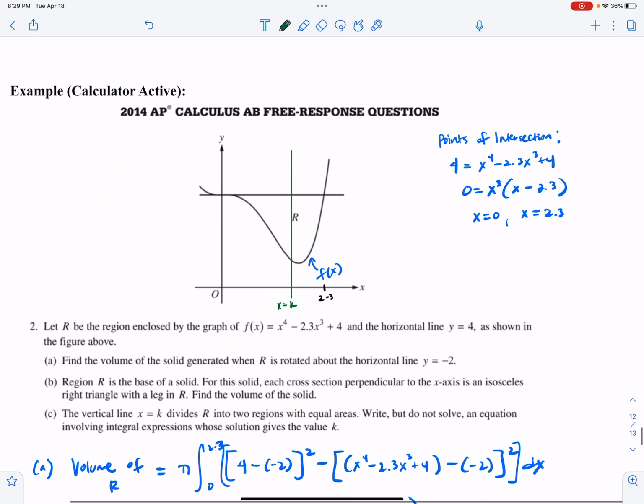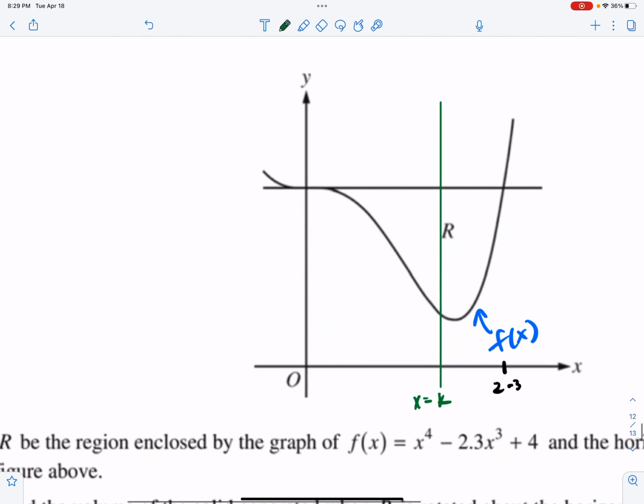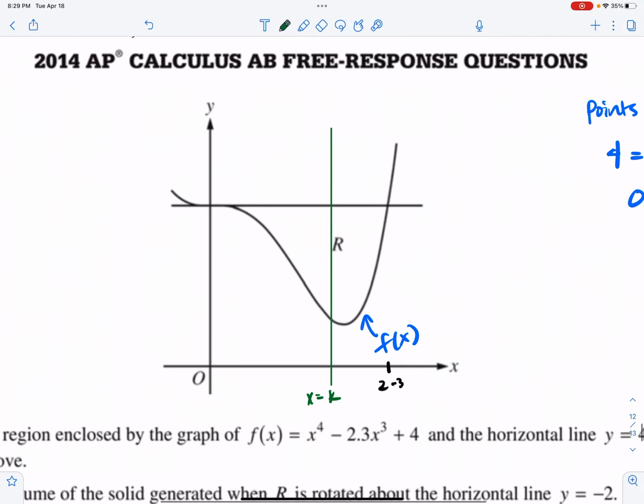Well, the area of R would be the integral from 0 to 2.3 of top minus bottom, right? Of top function minus bottom function. That's y equals 4. So of 4 minus f of x. We would want to figure out what we would want to integrate on that interval.